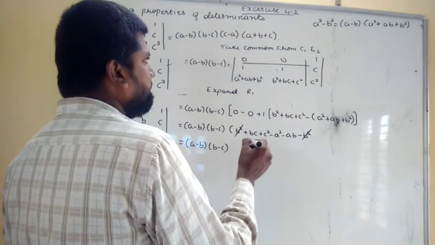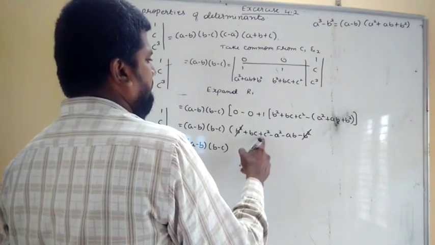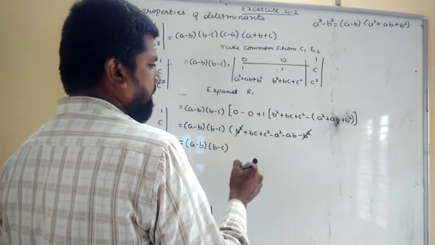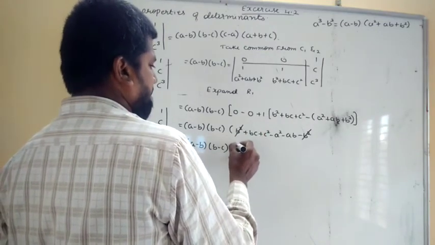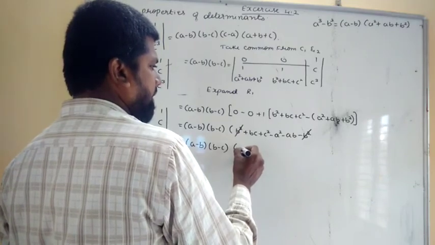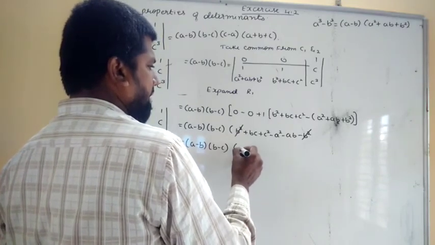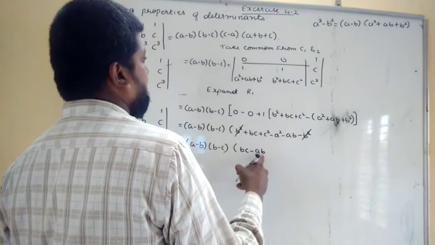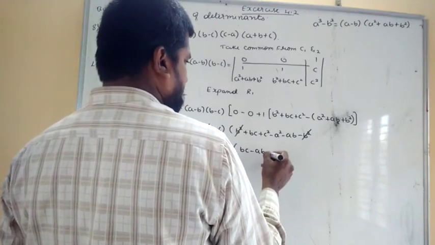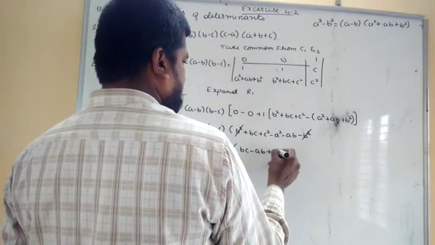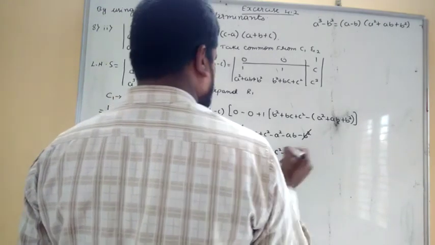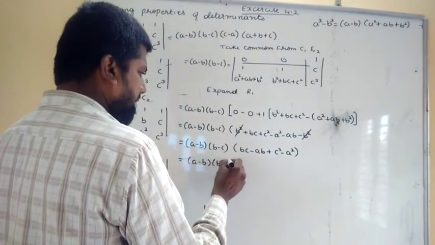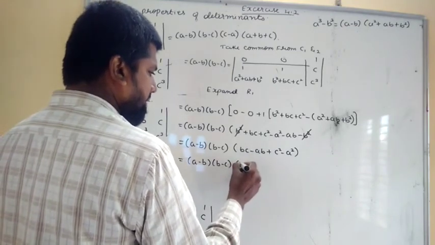So you can pair it here. BC minus AB means B into C minus A, getting, again here you can write C square minus A square. So in this A minus B, B minus C, then you can take common C minus A here.